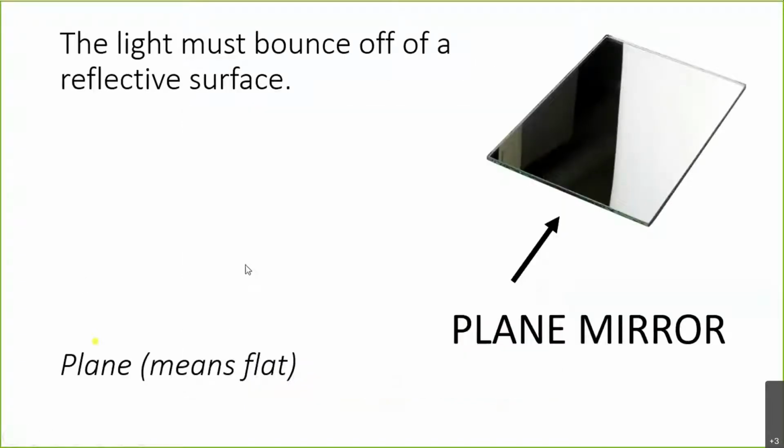In order to see our own reflections, the light must bounce off of a reflective surface. And typically, that's a plane mirror. So our everyday mirror that we use in our homes, in our bathroom, medicine cabinet, that's called a plane mirror.